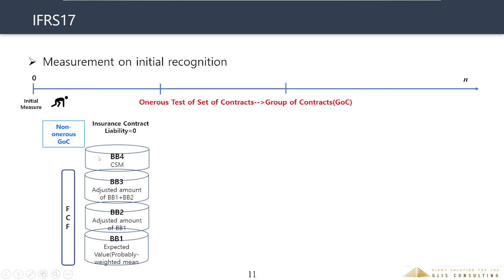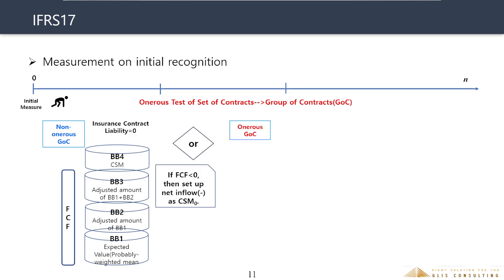The way we define CSM is that when you measure it immediately after it is recognized, the insurance contract liability is zero. And also, there is an onerous test, meaning that the fulfillment cash flow is negative. That means it is a net inflow, and that negative amount, you change the sign to plus, and that amount is going to be the initial contractual service margin.